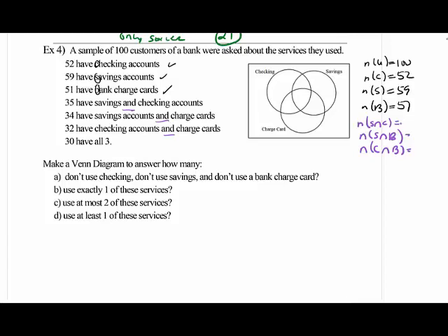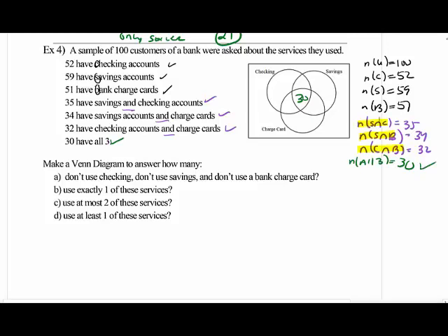Just don't use, obviously, a C and a C. So I have 35, 34, and 32. And then my last piece is all of them. So the cardinality of all three is 30, which we always know is that intersection there. So we've used this one.